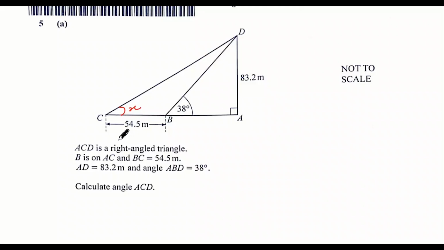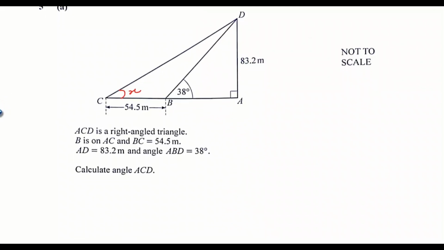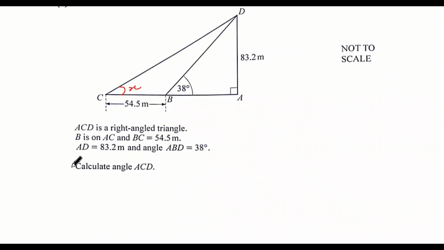So what we need to do is to consider triangle ABD, so we can use opposite over adjacent to find BA. From triangle ABD, we can have tan 38 degrees equal to opposite, that is 83.2 meters, over BA.